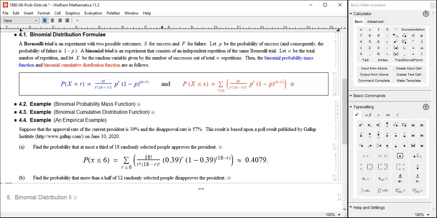One final comment here. Compared with previous examples, this one is a bit more realistic, but still not realistic enough. Because who knows, I mean, who can tell that 39% and 57% are correct? They aren't. They're all estimations. And this one is based upon the assumption that these estimated probabilities are real probabilities, and based upon that assumption, which is incorrect, we're selecting 18 people and doing the analysis.